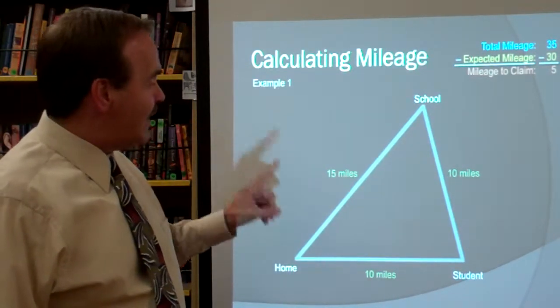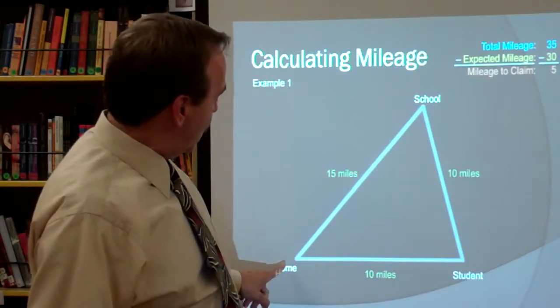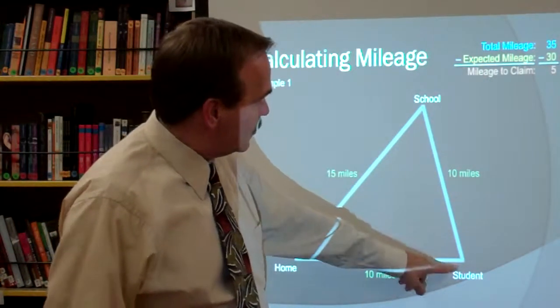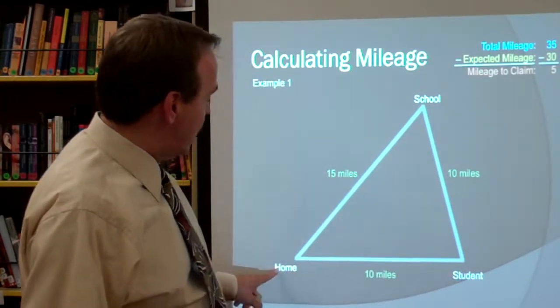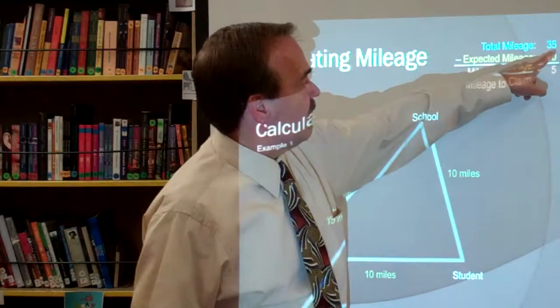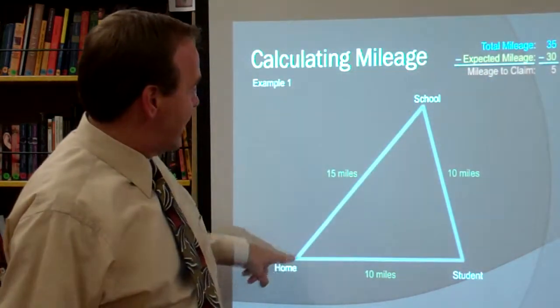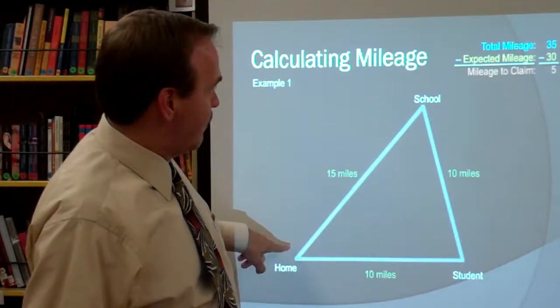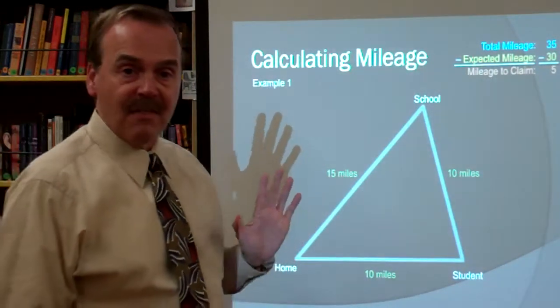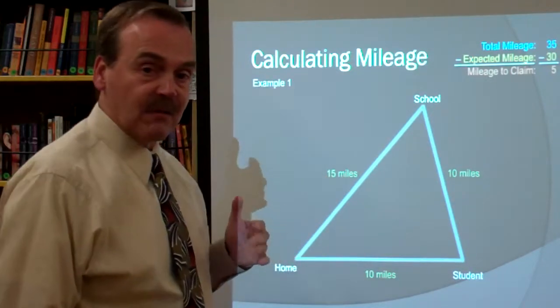So that day, your total mileage, home to school 15 miles, school to student 10 miles, student to home 10 miles, 15, 10, and 10 equals 35. Your expected mileage that day was 30, round trip over here. So therefore, you get to claim 5 miles that day, as it relates to Carlson.